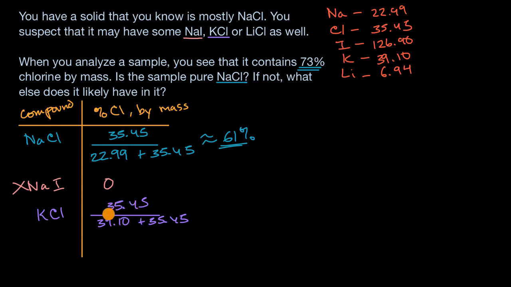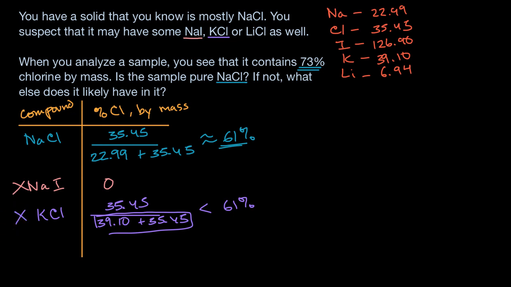We could try to calculate this, but even when you look at the numbers, you can see that this denominator is bigger than what we had for sodium chloride, and we have the same numerator. So if the denominator is bigger, we're going to get a lower value than 61%. Since this has a lower percent chlorine by mass, if it was mixed in, it would average down from 61%. It wouldn't go up to 73%, so we can rule that one out as well.